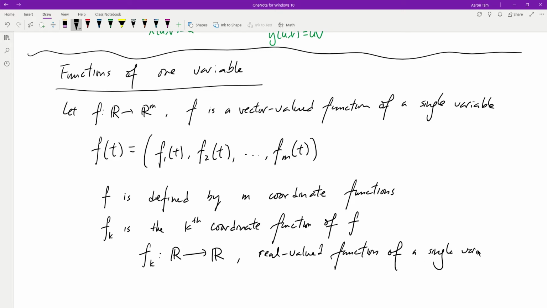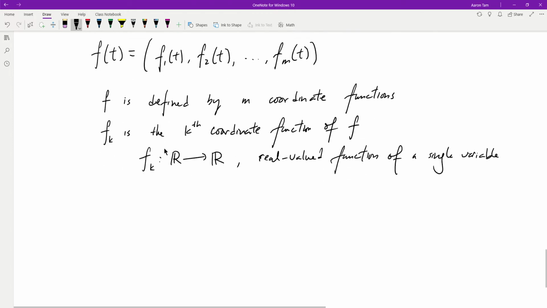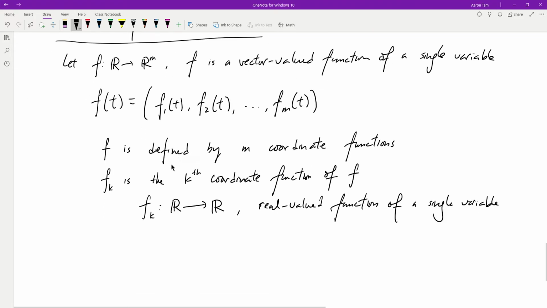What's special about this type of function is that you have learned a lot about it, because that's what you learned back in BC Calculus. So when I'm dealing with a vector valued function of a single variable, all I have to do is take my knowledge of single variable real valued functions and apply it to each one of these coordinate functions to understand what happens to the function f.